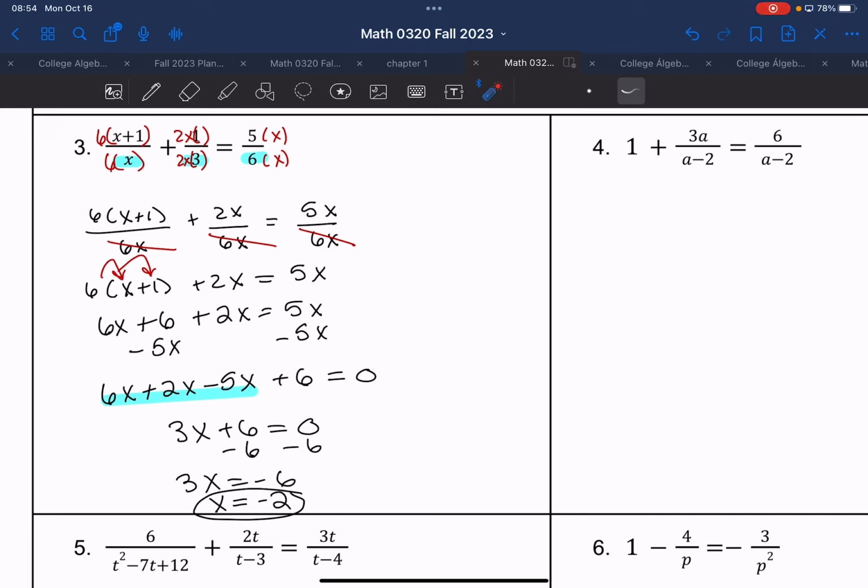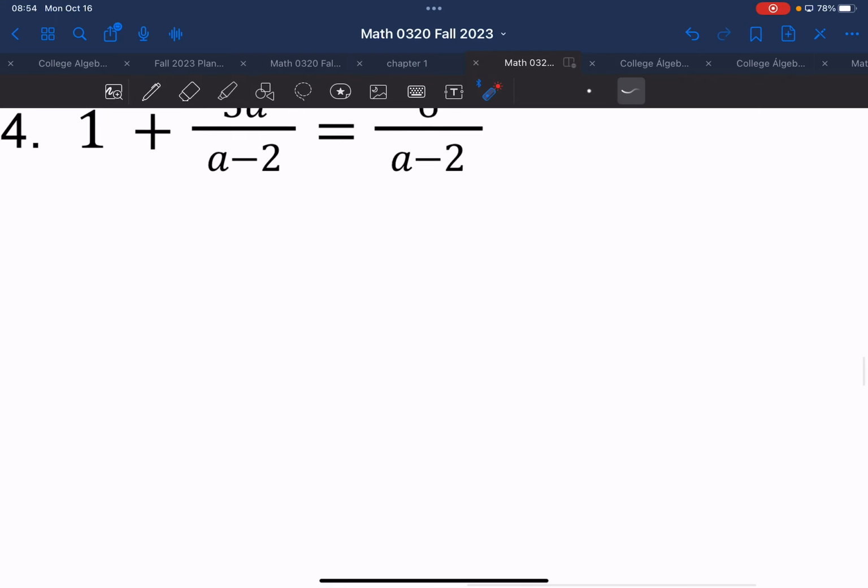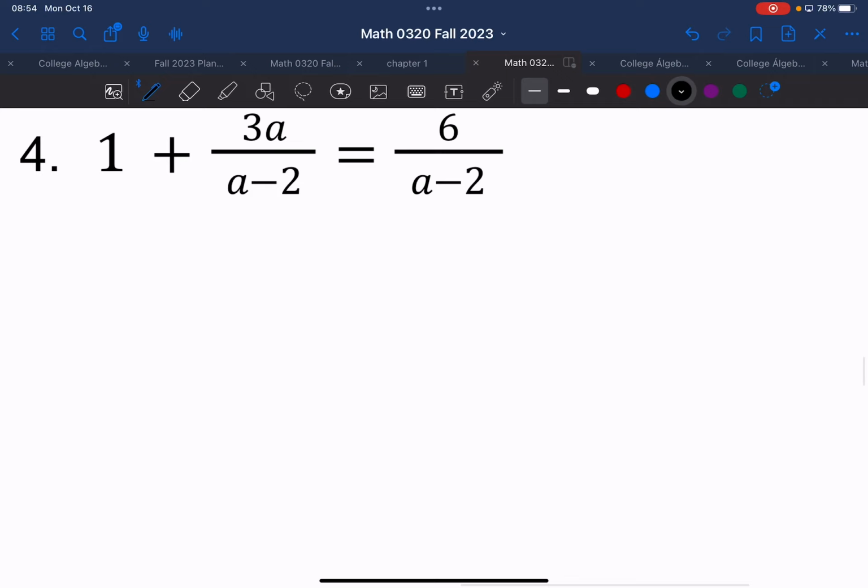So we're going to be using that method too for the rest of these problems. So looking at number 4, we first need to turn that 1 into a fraction. And so now we're looking at the denominators 1, a minus 2, and a minus 2. So what's the common denominator?